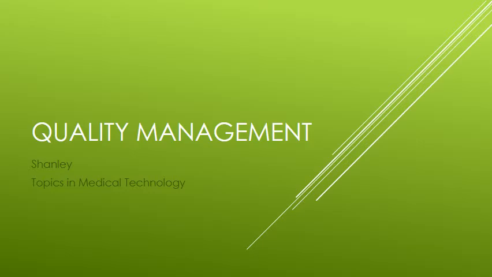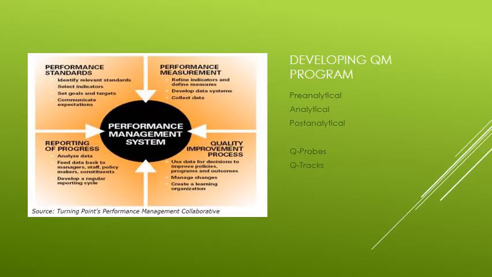Because these mistakes do occur, a quality management program is required in every laboratory, and we're going to go through some of the steps in developing and maintaining one. When you're developing a quality management program, you're looking at a continual process where you look at the standards that are expected for a particular area of the lab.